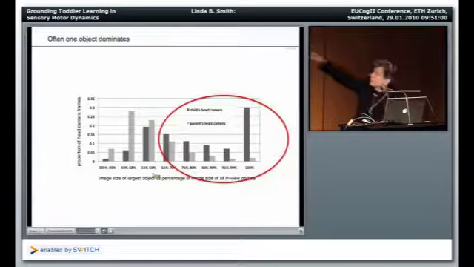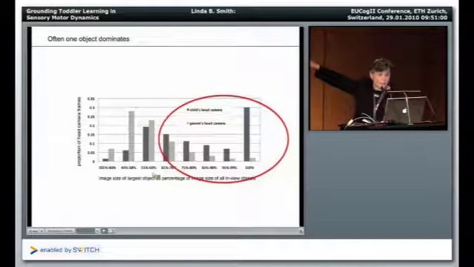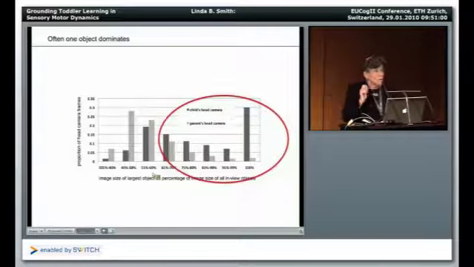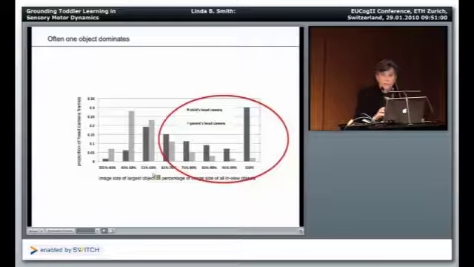And on that last one at the end, where it says 100%, those 30% of the trials in which the largest object is 100% means it's the only object in view. So often for the child, one object is dominating in terms of being bigger in size than all the other objects that could be in view, and often there's only one object in view, okay?